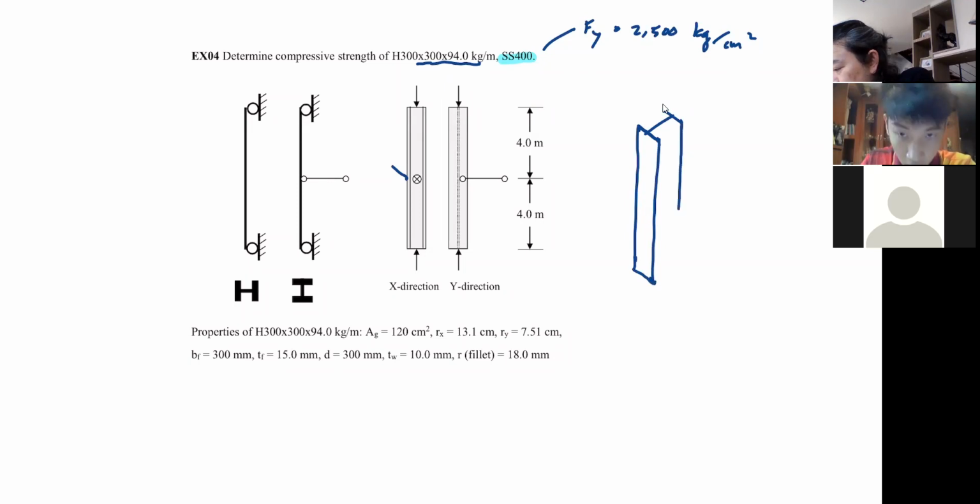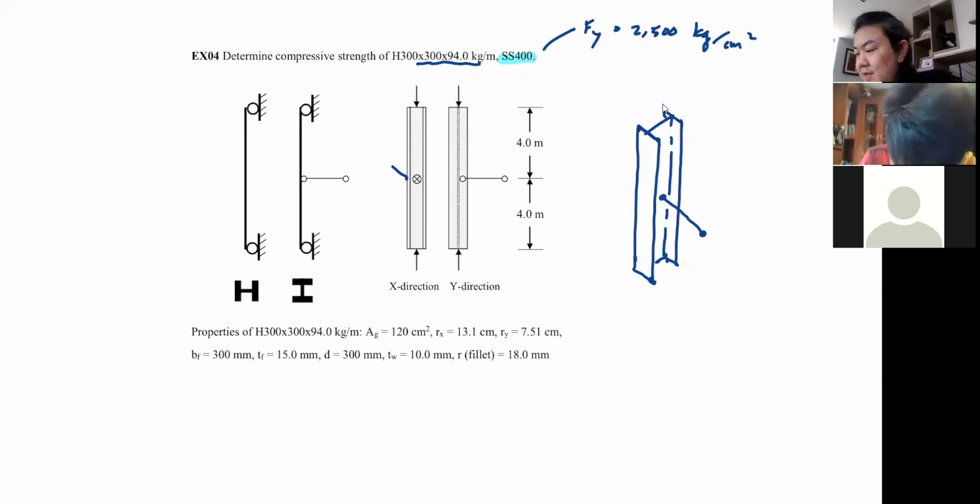Okay, and your brace goes like that. So hopefully you can see that this one is in this plane, right? The bracing is in this plane itself.